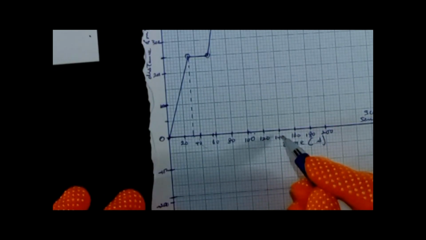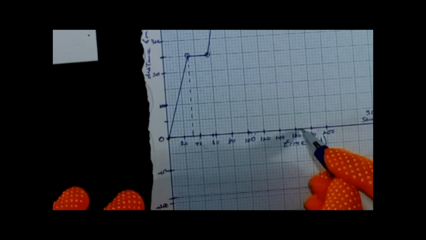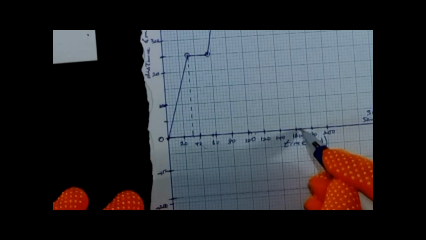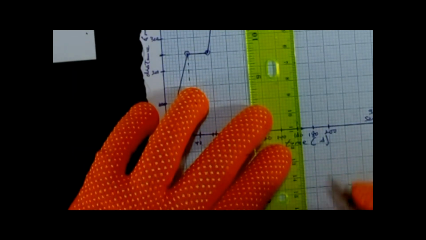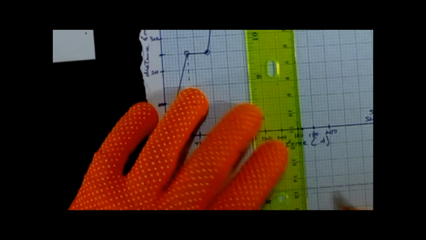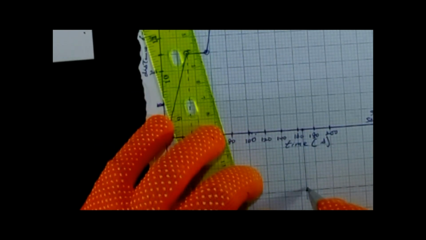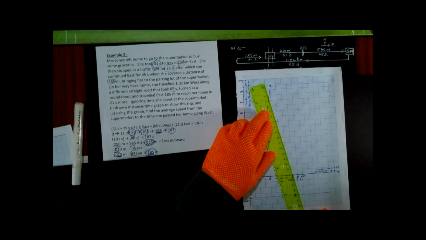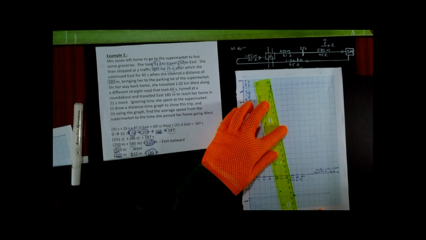Remember, the sensitivity here is 4 seconds. 164, 166 would be halfway between here. So if we take halfway between there and come down halfway, we are going to arrive at this point, put a little circle here, and now we draw her journey past her home.